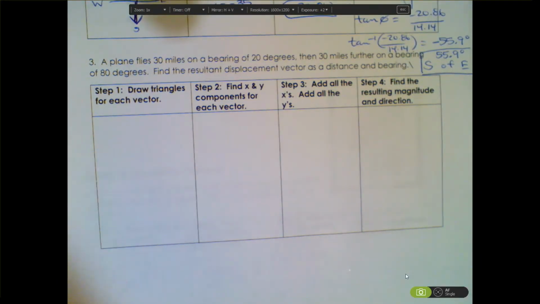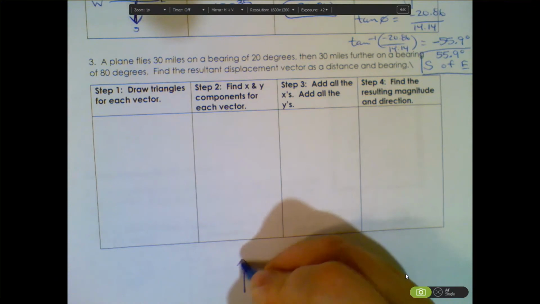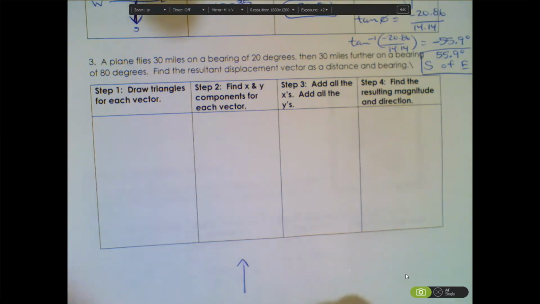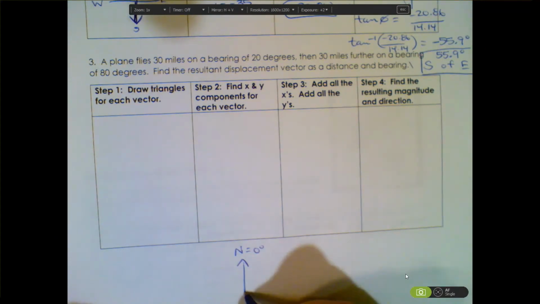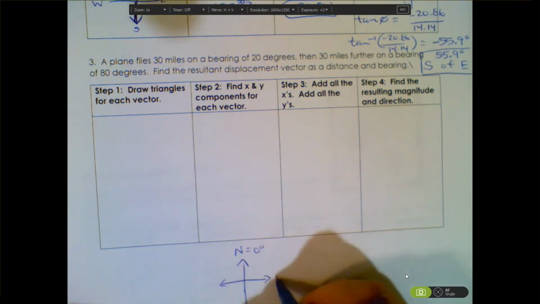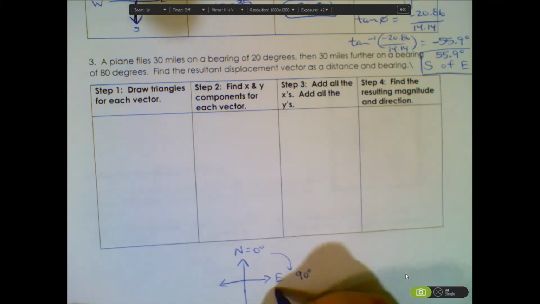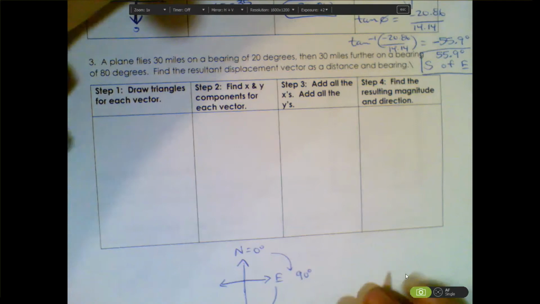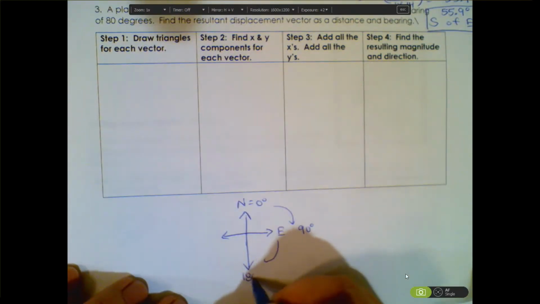So when I first saw this problem, I said, what does bearing mean? So I did a little research, and it's how flight measurements are basically given. North has a bearing of 0 degrees, east has a bearing of 90 degrees, south has a bearing of 90 plus 90, 180 degrees.